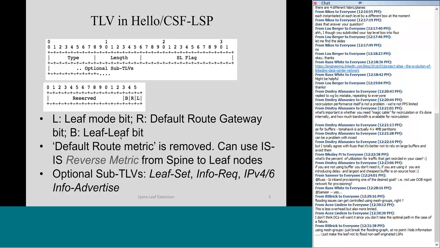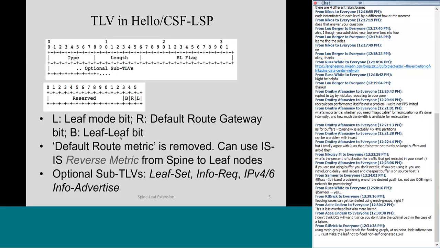Also, if the spine wants to have impact on the normal ECMP, it can use the IS-IS reverse metric to inject a different metric for the leaf nodes, and to do unequal cost load sharing in the case of congestion or overloaded condition on the spine nodes or links.